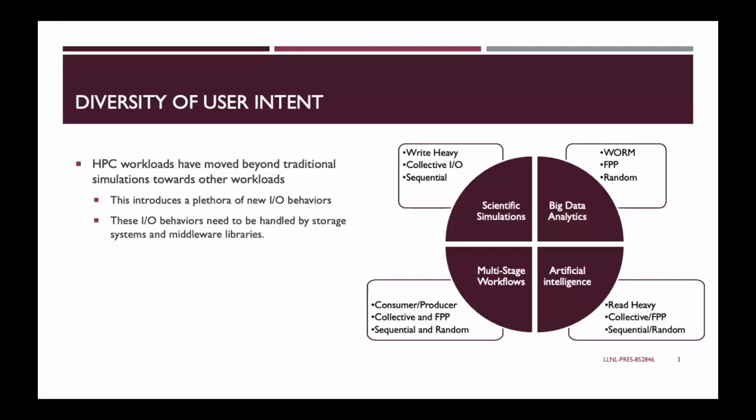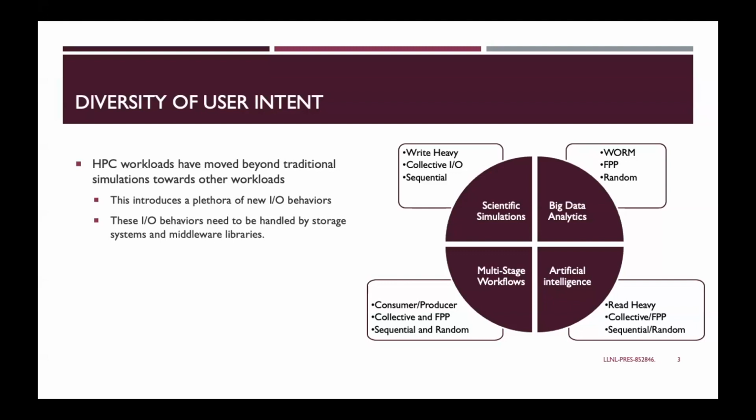In terms of how user intents look within our world, scientific simulations are write heavy with collective IO and sequential patterns. Data analytics is write once, read many, file per process, and random. AI is read heavy, collective or file per process, depending upon which data format you end up using, and sequential and random.